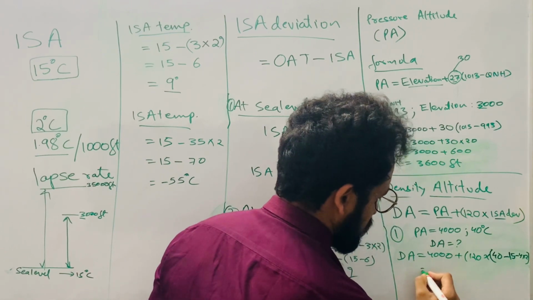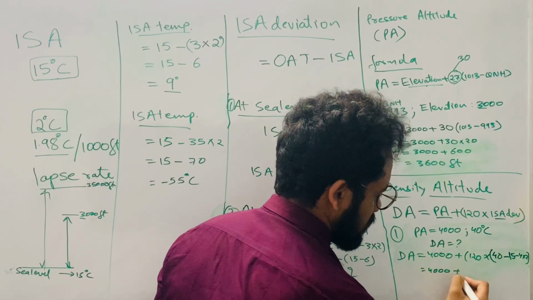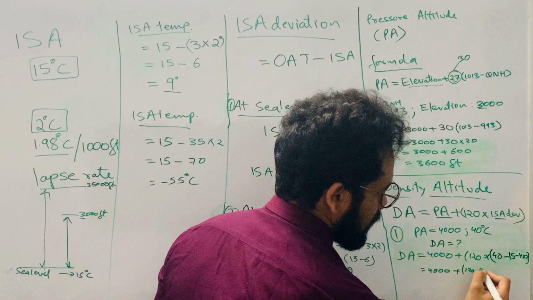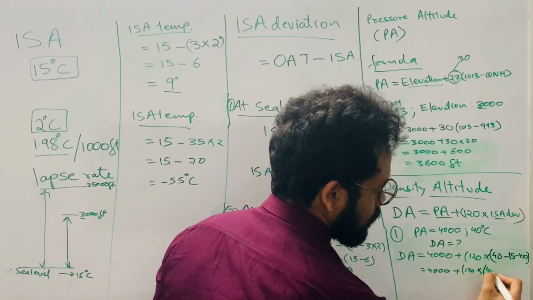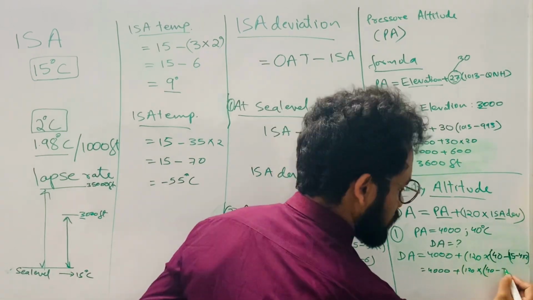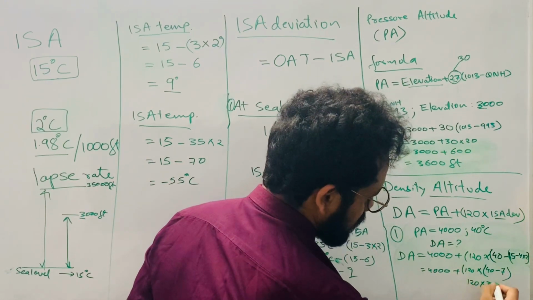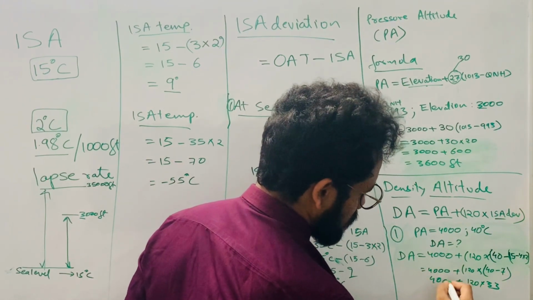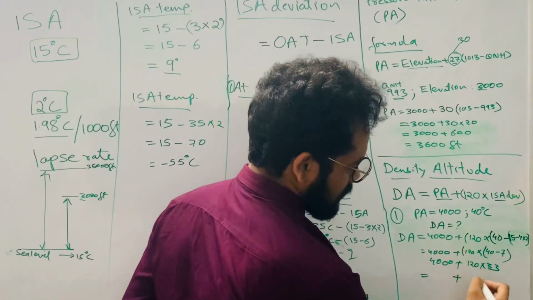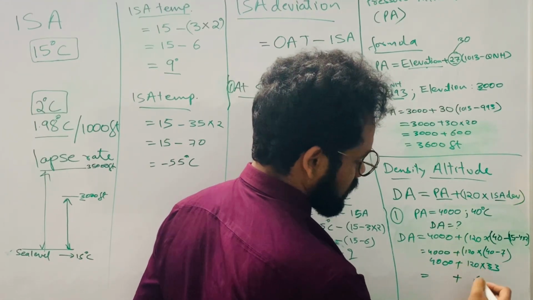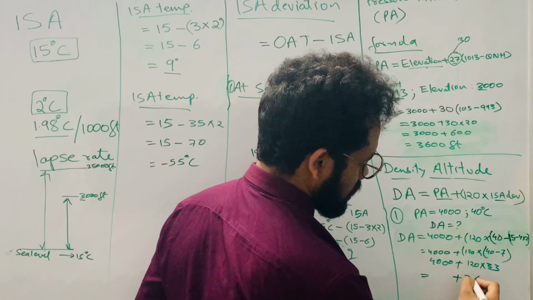4000 plus 120 into 40 minus 7, so it is 120 into 33 plus 4000. This will come out to be 12 3s are 36, 12 3s are 36, 0.